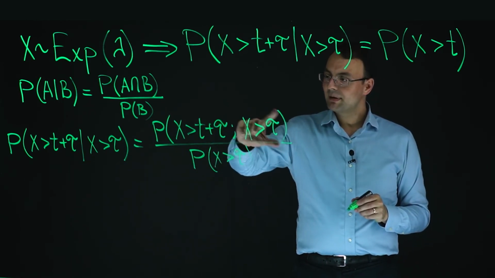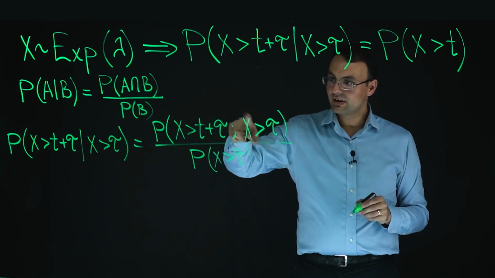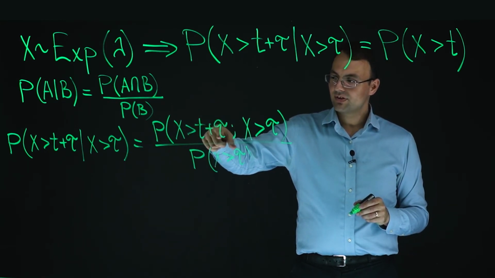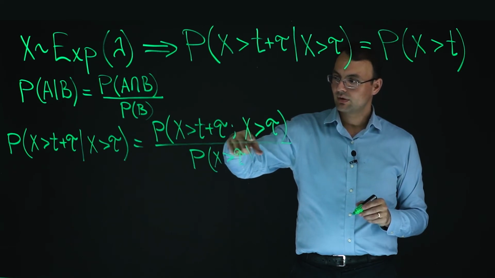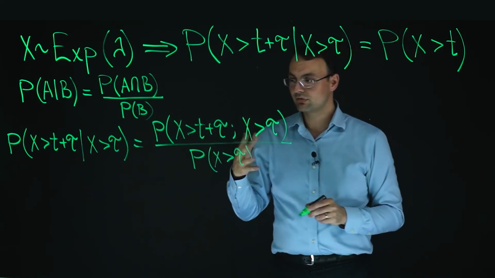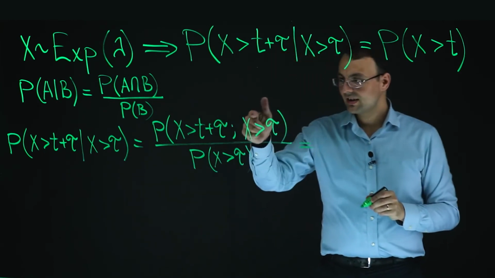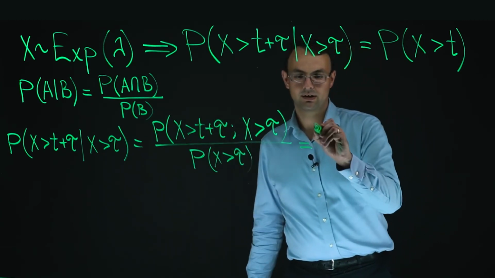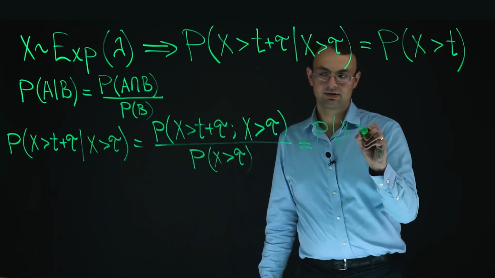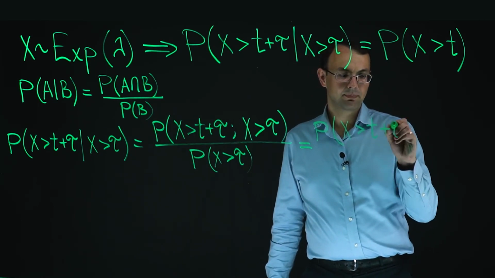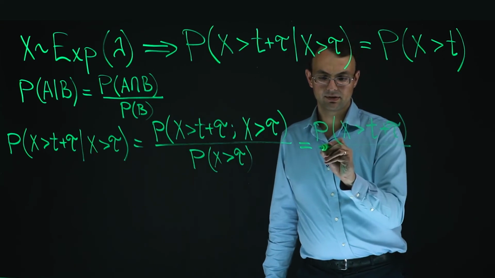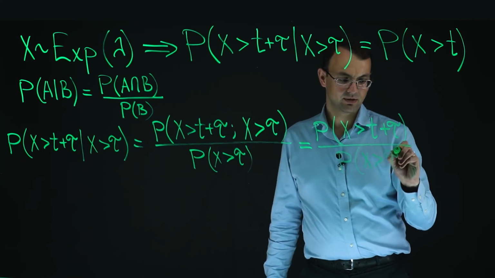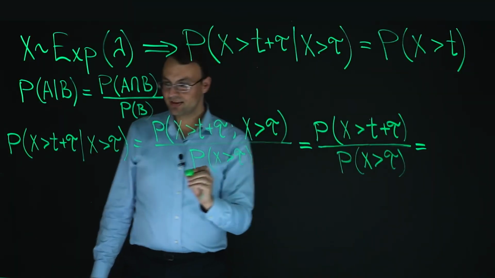That is why the probability of the intersection of these two events is equal to the probability of the first one, because this implies this. So this event simply disappears, and this probability is equal just to the probability that x is more than t plus tau divided by the probability that x is more than tau.